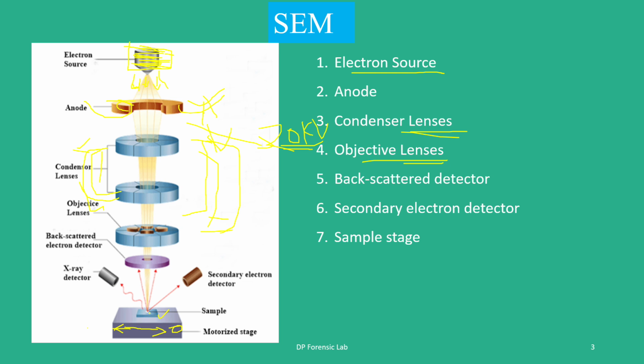So this electron falls on the sample, and different types of interaction take place. Like some X-ray is generated with the interaction of the electron with the material. And this X-ray is detected.